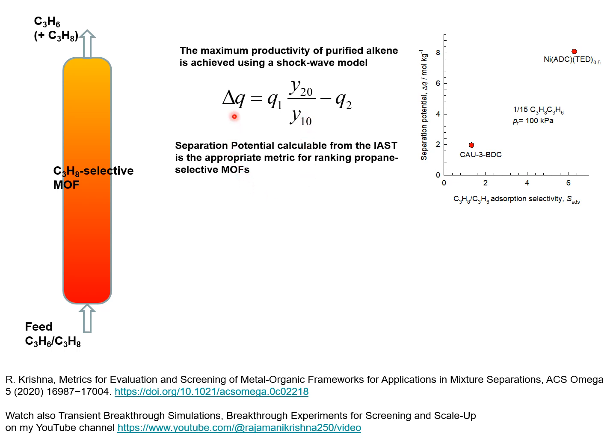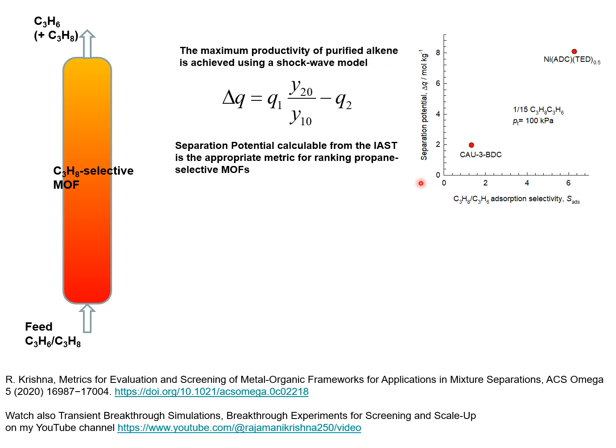The physical significance of the separation potential is that it represents the maximum productivity of purified propylene that can be recovered in the adsorption cycle of a fixed bed adsorber.